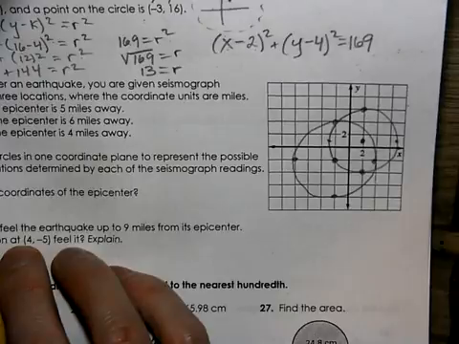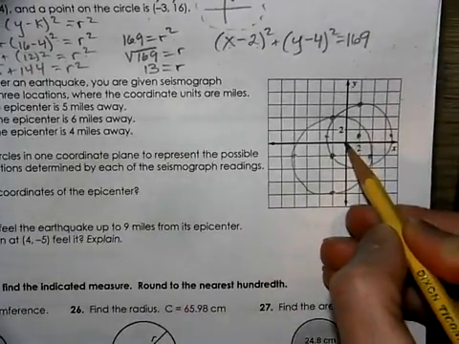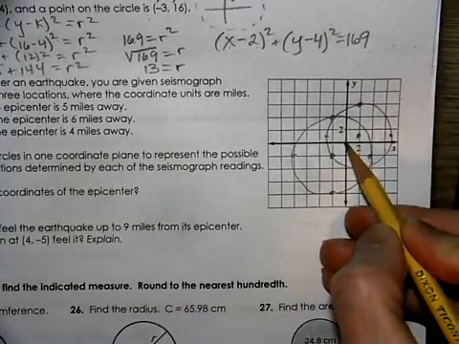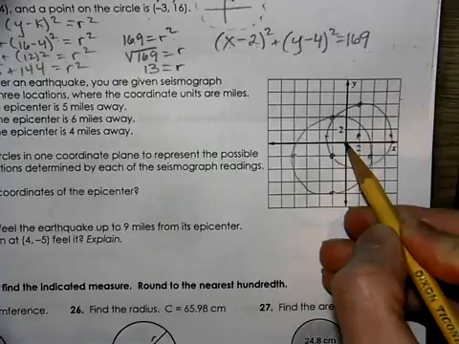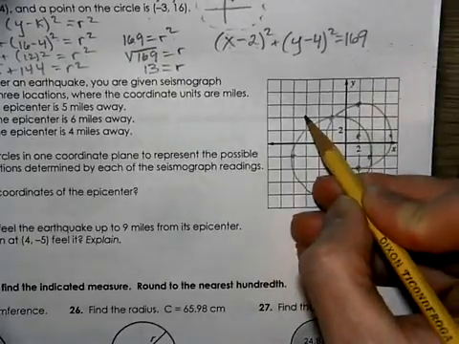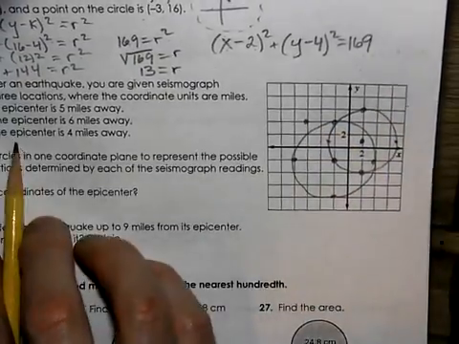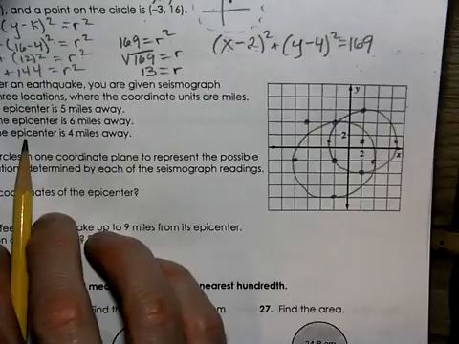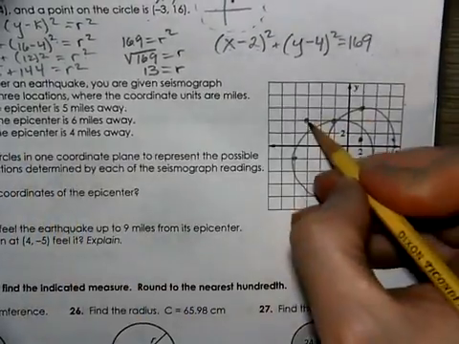Now we're going to have a reading from -6, 4, and it has a radius of 2.